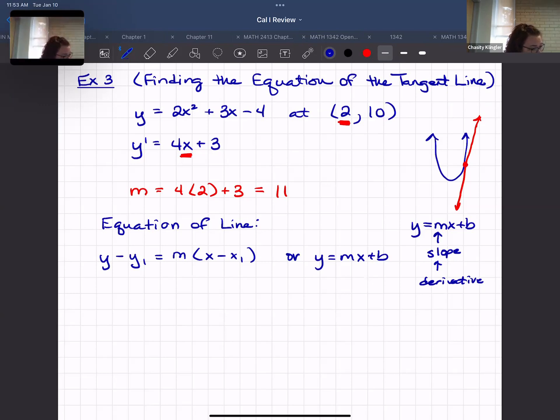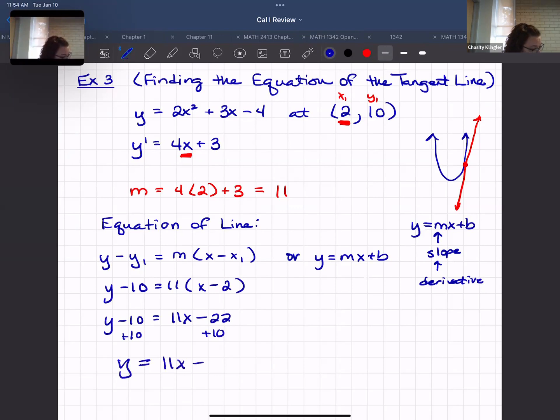So plug in: you've got x1, y1 from the point they gave us, and we found the slope of 11. So we end up with y equals 11x minus 12.